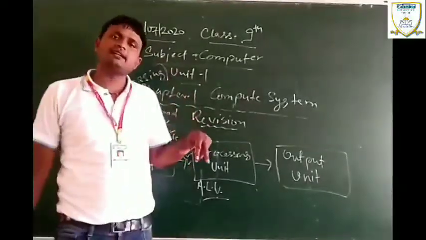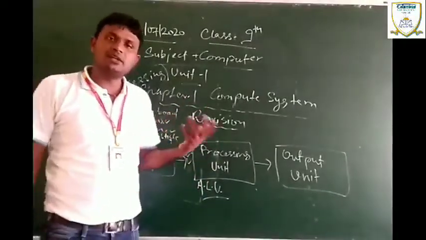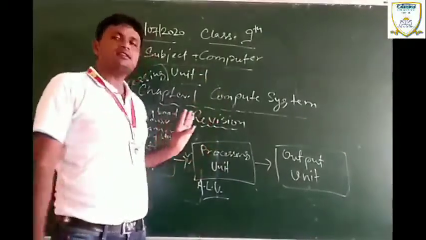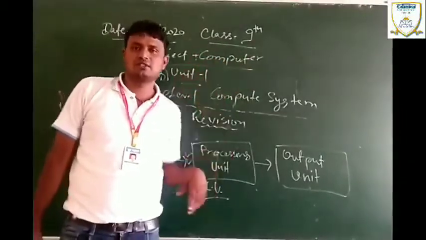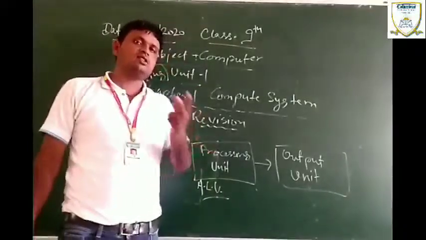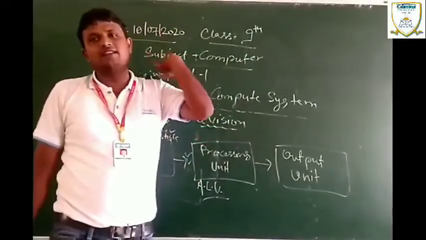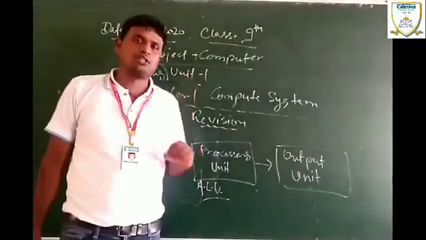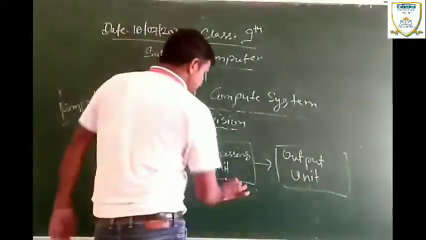First arithmetic, second logic. Arithmetic, as you know, is addition, multiplication, division, etc. And logic: if, and, or, these are the logics. Like toss a coin, what is the probability? Here is an or condition, head or tail. So which logic is here? Or logic.